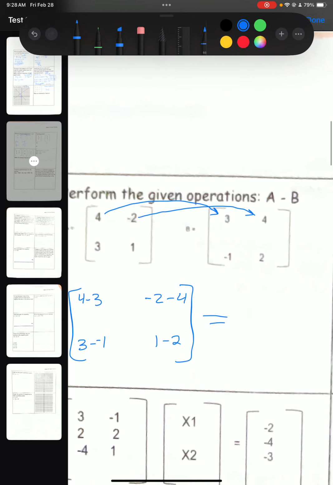To simplify: 4 minus 3 is 1, negative 2 minus 4 is adding a negative, so negative 6. 3 plus 1 is 4, and 1 minus 2 is negative 1. All right, and there is your answer for that problem.